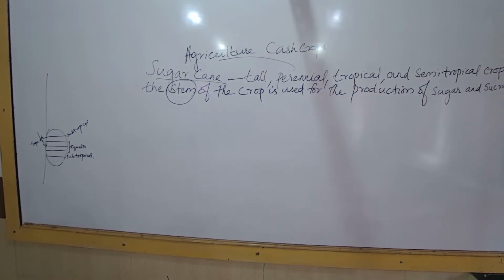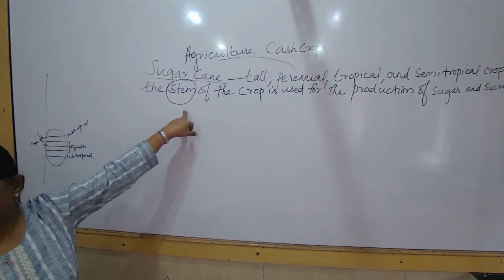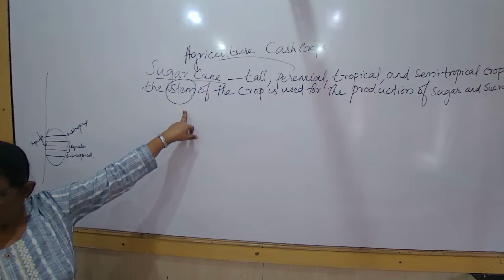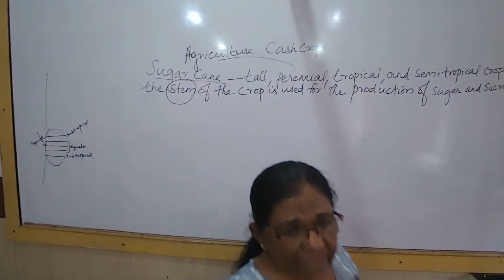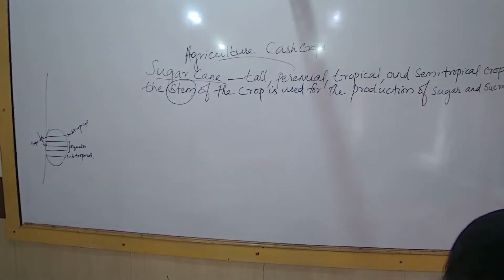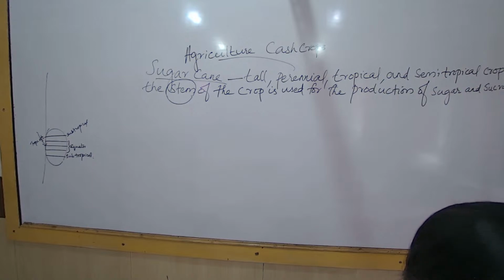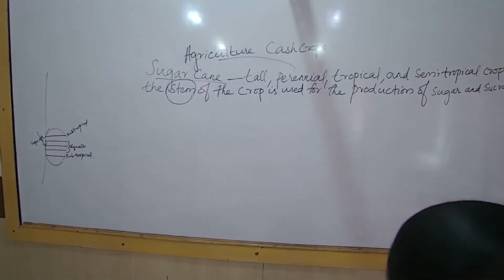But in this crop the stem is used for the production of sugar and saccharose. The sugar content in sugarcane is called saccharose.